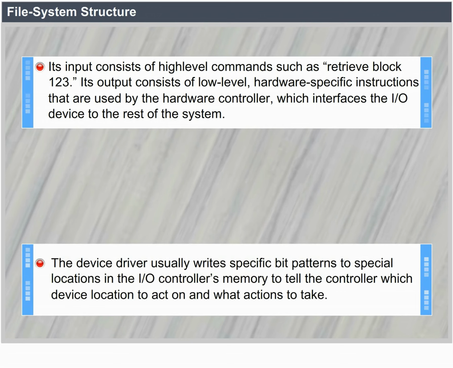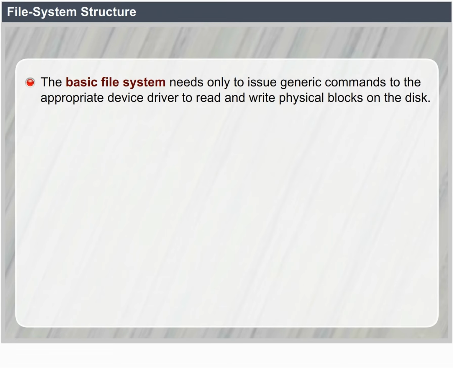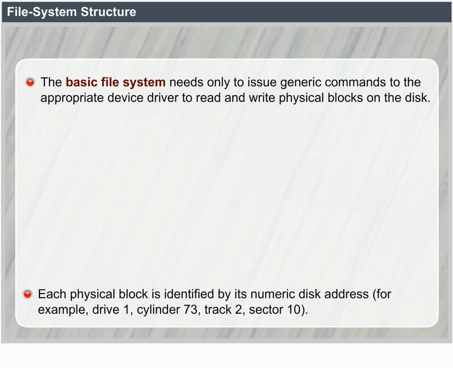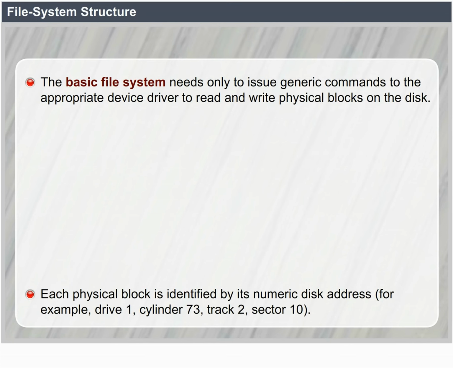The basic file system needs only to issue generic commands to the appropriate device driver to read and write physical blocks on the disk. Each physical block is identified by its numeric disk address, for example, drive 1, cylinder 73, track 2, sector 10.